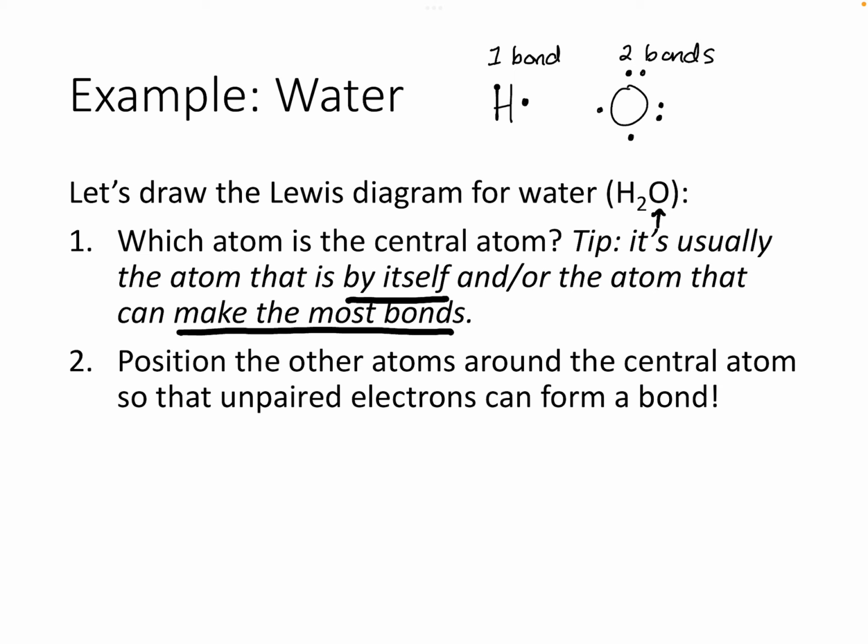So now that we know oxygen is going to be in the middle, let's draw the Lewis diagram for that. And I tend to put the unpaired electrons near each other rather than opposite each other. We'll talk about that later, but typically lone pairs of electrons like to be closer to each other, so I tend to put them kind of near each other.